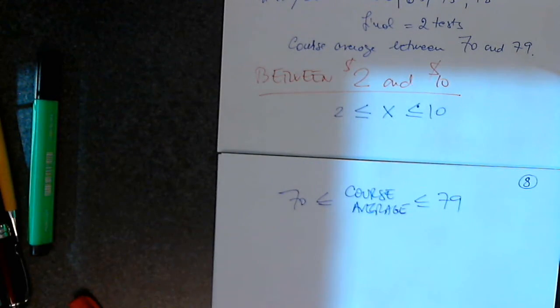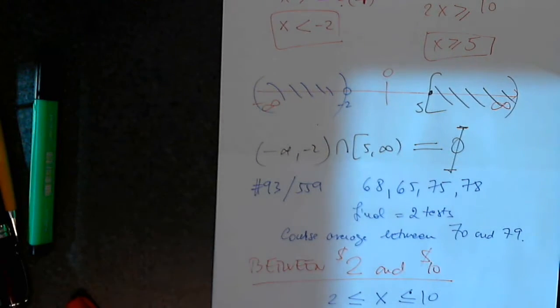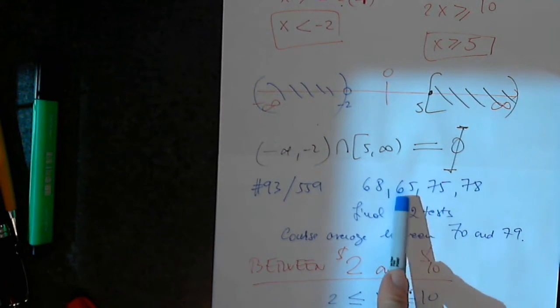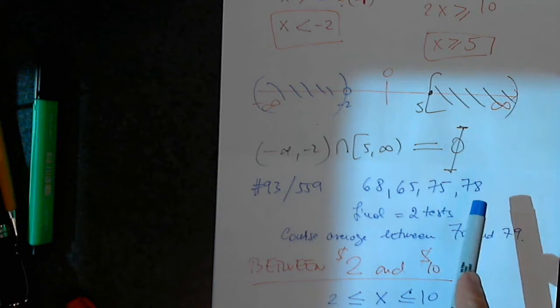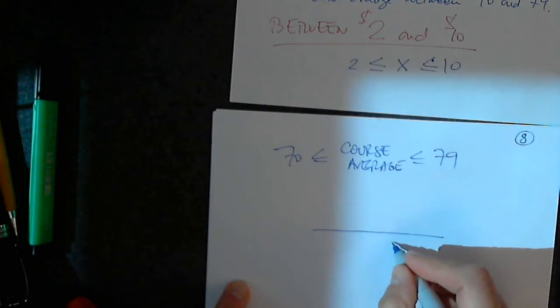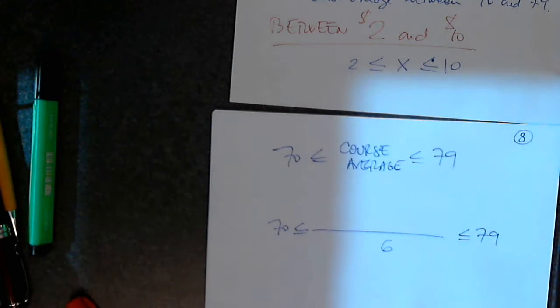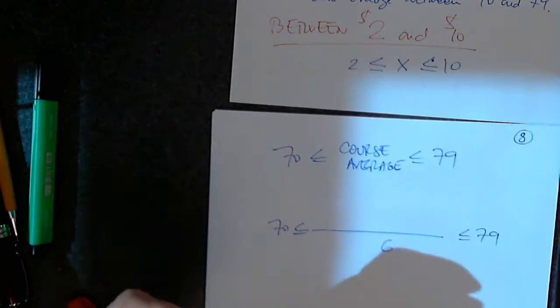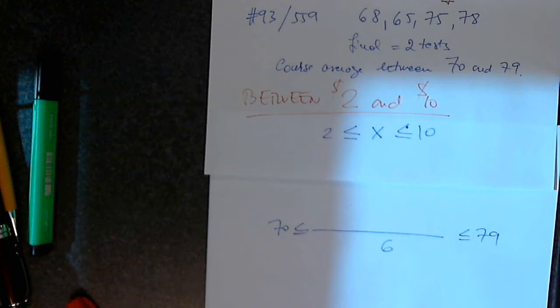But here, let's count how many numbers we have. 1, 2, 3, 4, 5, 6. So the course average has to have something over 6. Now, what do I have at the top? What will you tell me to write? For the top, that will be divided by 6. Of course, you have to have 6 numbers.